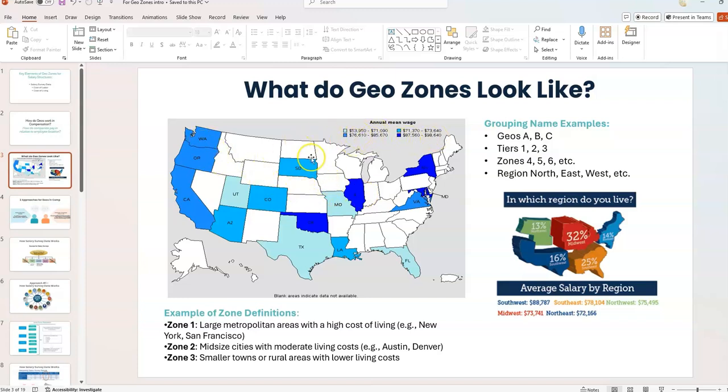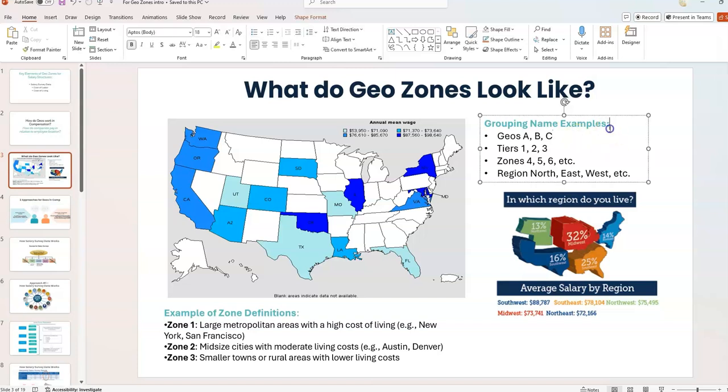So in this example, there are 4 different colors that have different salary ranges. The light blue, Texas, Utah, Florida, are all paid similarly. And these grouping or category names can be named anything that the company wants.